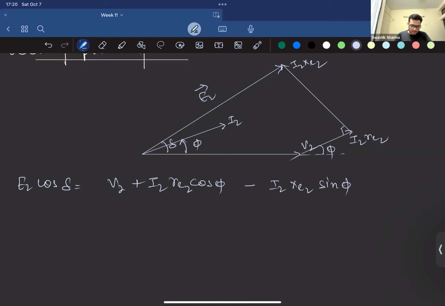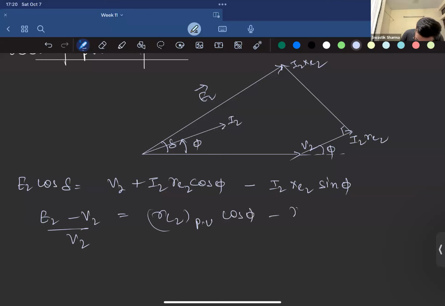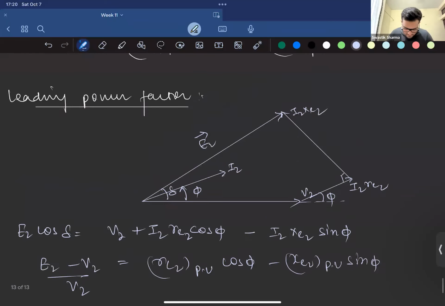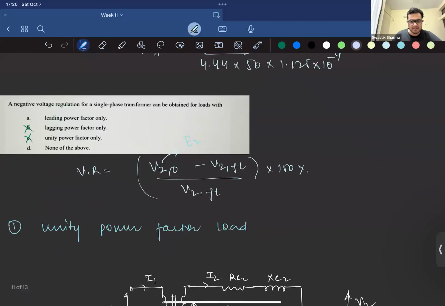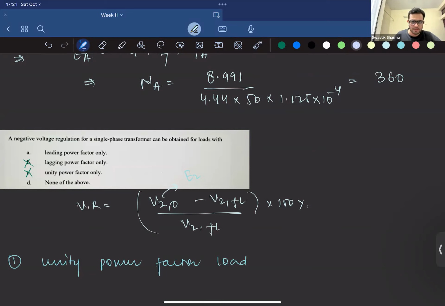So if we do small angle approximation, this becomes E2 minus V2 upon V2 equals RE2 PU cos phi minus XE2 PU sin phi. And as you can notice, if the per unit value of reactance is greater than that of the RE2, and the power factor is in such a way that it makes the whole quantity larger, the leading power factor can have negative voltage regulation.